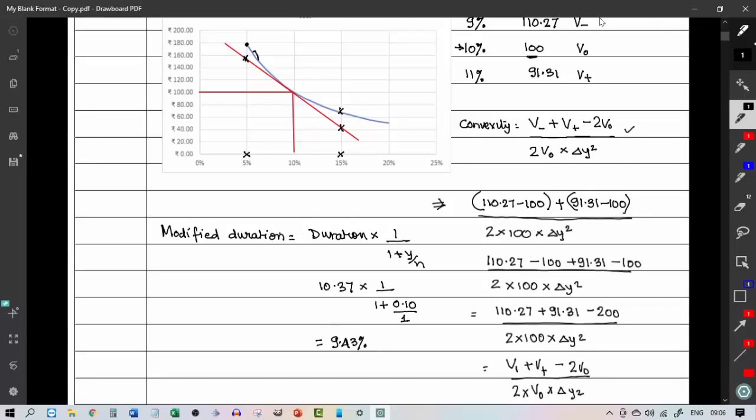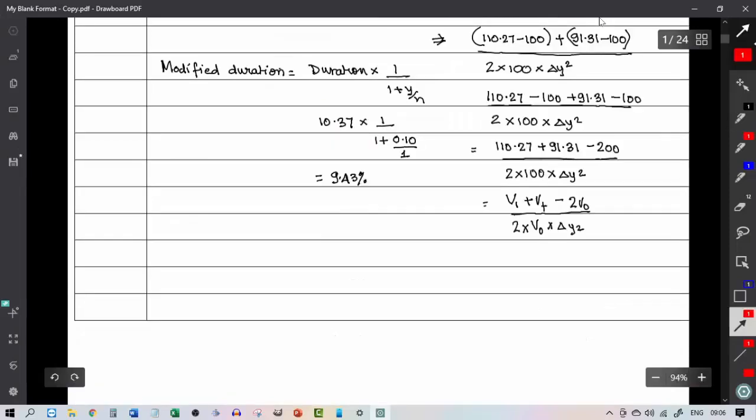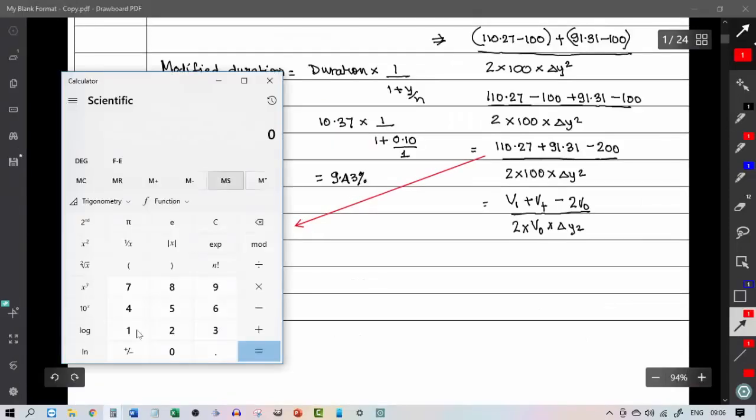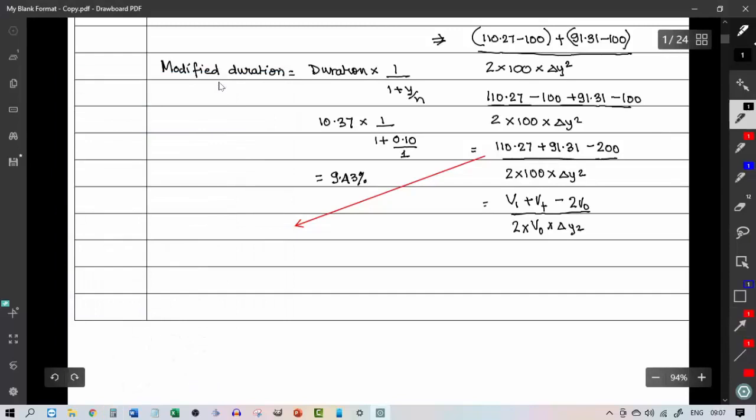Now coming back to the numbers, let us just solve this. So if we solve this, we get 110.27 plus 91.31 minus 200, that gives us 1.58 upon 2 into 100 and delta y squared, that is change in the yield.